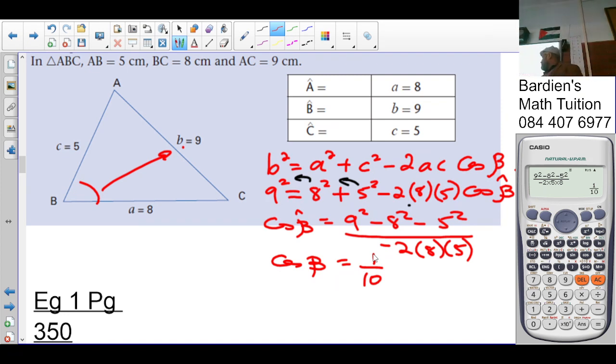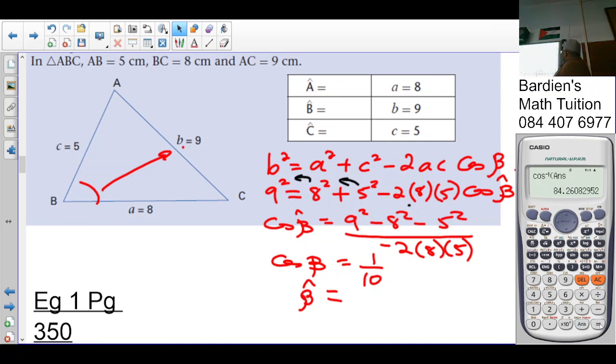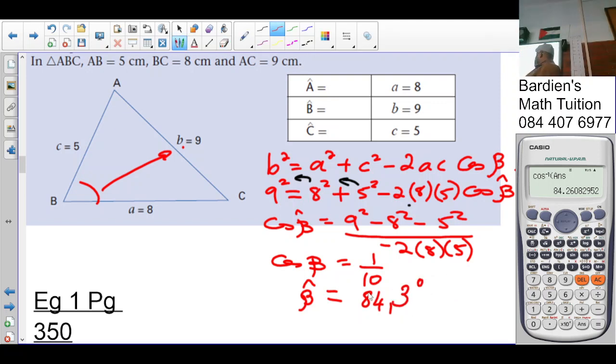Why? Because cos of B is greater than 0. It's positive. So how do we get angle B? Inverse cos, not so. So angle B is equal to inverse cos of that answer, which gives you 84.26, so 84.3. Why? Because it says 1 decimal place.